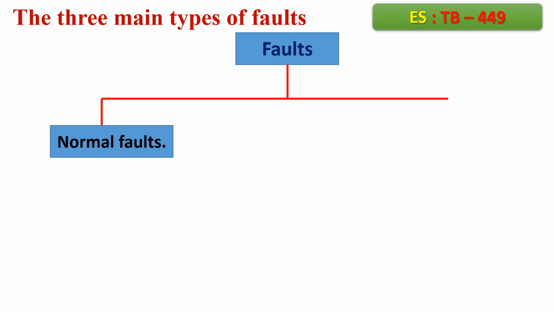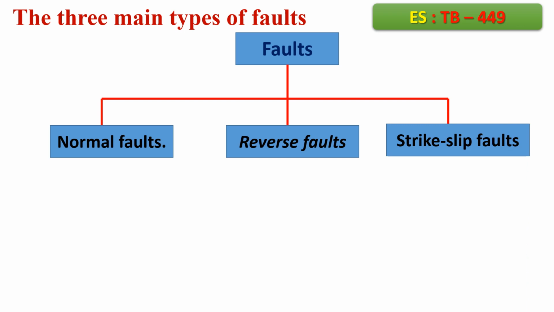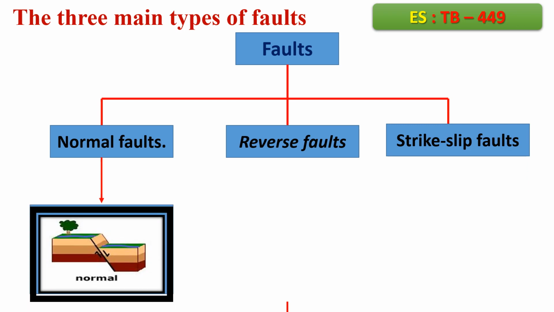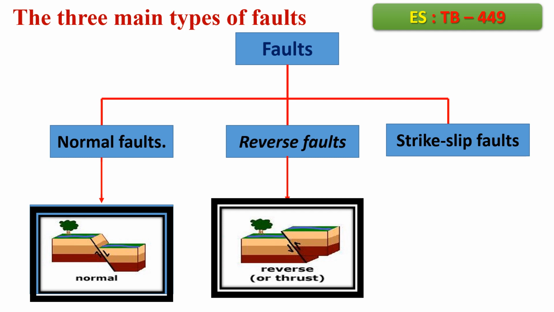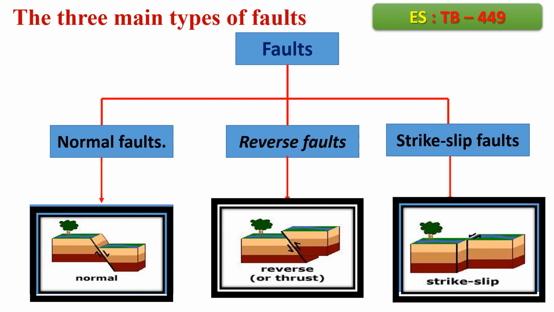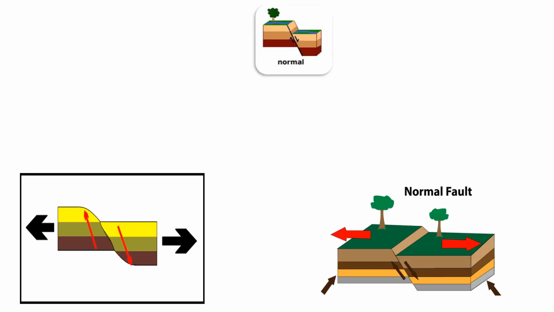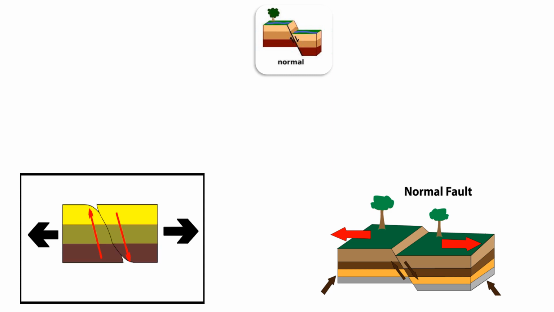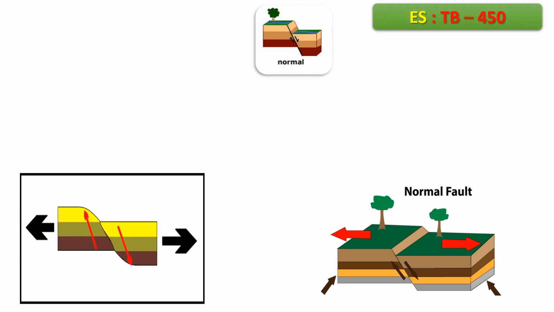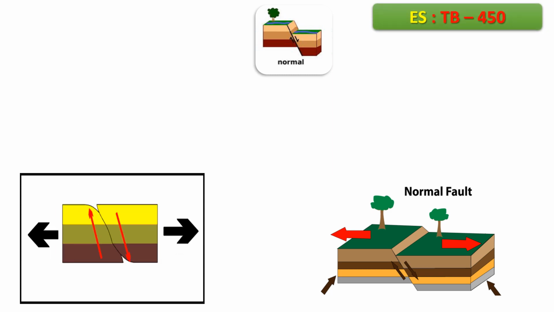We already discussed the three main types of faults. The first one is normal faults, then reverse faults, and strike-slip faults. Look at the diagram and observe the direction of the movement of the rock. It's time to check how the normal faults are formed and how they are moving.